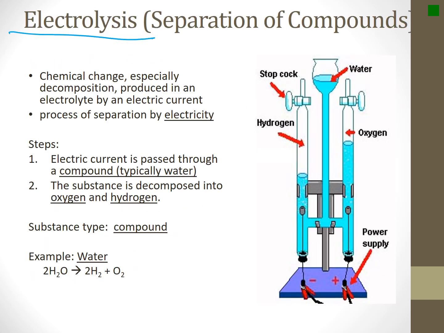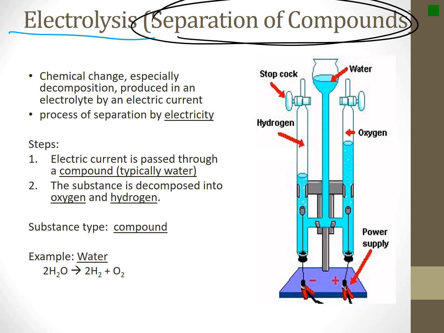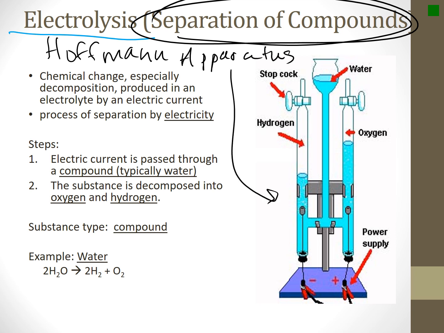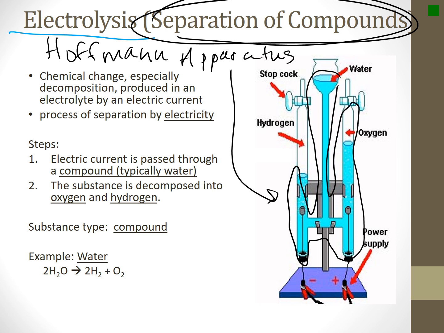Electrolysis is the only one that can actually separate compounds that we will talk about. What we use in this class is the Hoffman apparatus, and the Hoffman apparatus is this. What you basically do is you have this water right here, and you shoot electricity through it. Obviously, to break up a compound, it takes a lot of energy, so in this case we're using a lot of electricity.